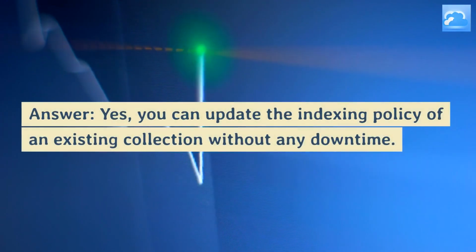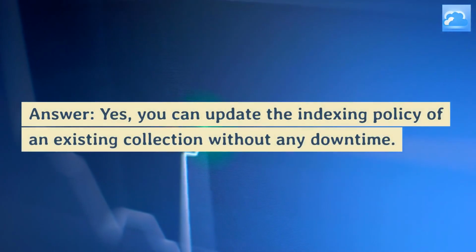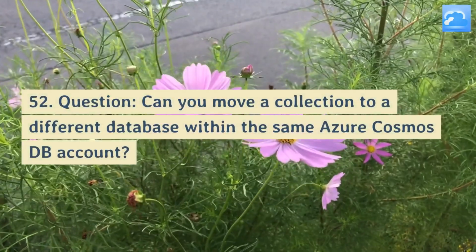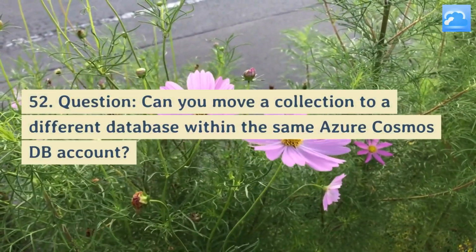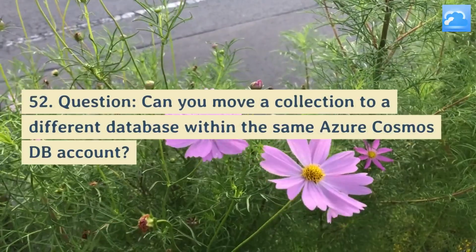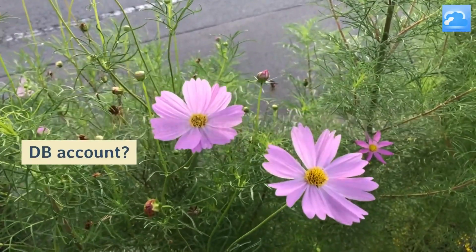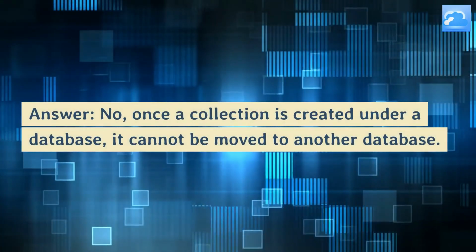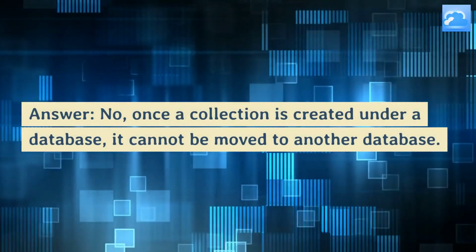Yes. You can update the indexing policy of an existing collection without any downtime. 52. Question. Can you move a collection to a different database within the same Azure Cosmos DB account? Answer. No. Once a collection is created under a database, it cannot be moved to another database.